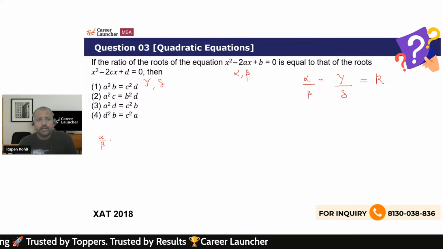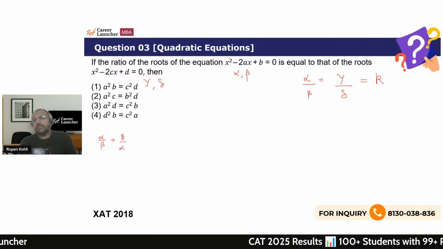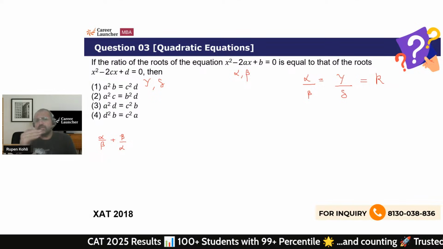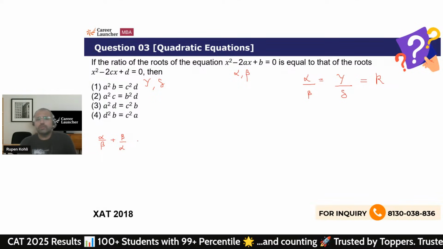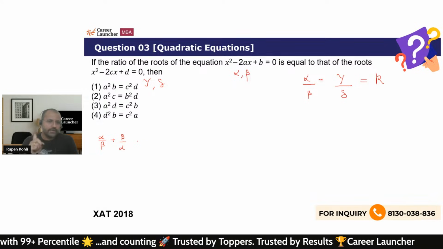If you add the reciprocal of alpha by beta, which is alpha by beta plus beta by alpha, you would end up getting alpha square plus beta square, which is a step towards getting closer to alpha plus beta whole square. Are you getting my point?